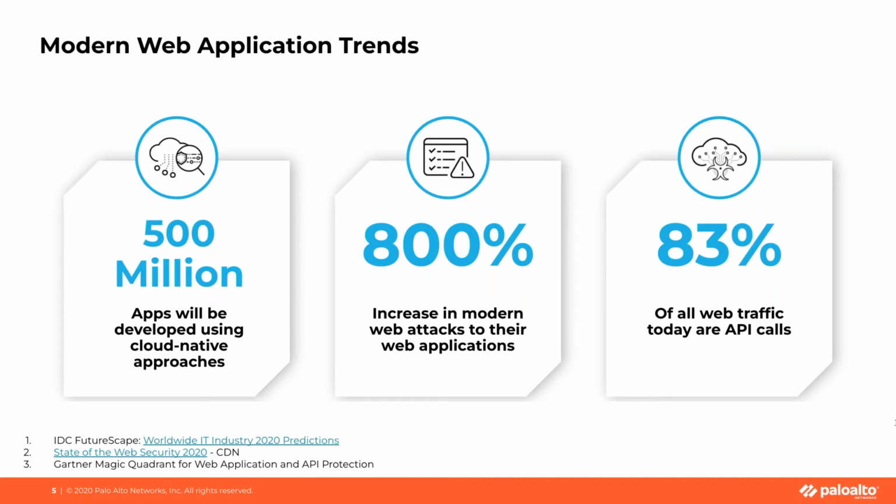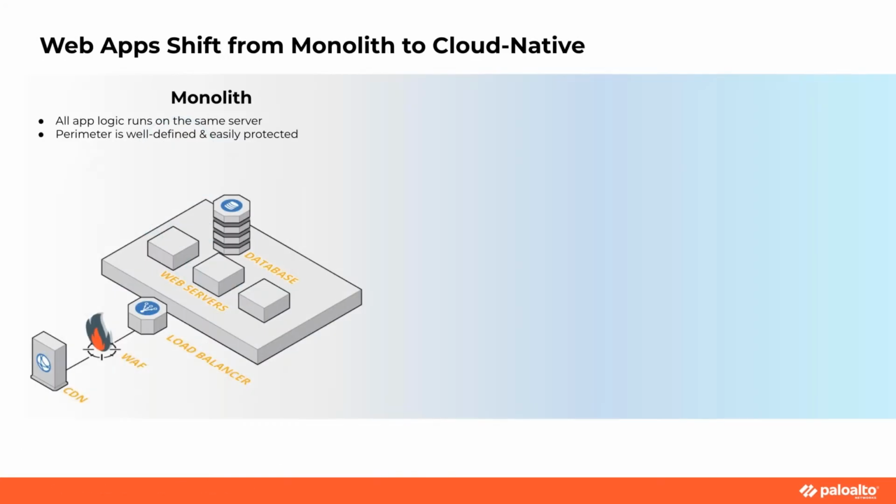And if you add to that the fact, quoted from Akamai, a CDN vendor, that out of all the web traffic on the internet in 2020, I believe, 83% can be attributed to API calls, and that's for a reason, mainly for mobile applications, modern applications, and cloud-native web applications that interact using APIs, as we'll mention, and as we will see in the next slide. So next slide.